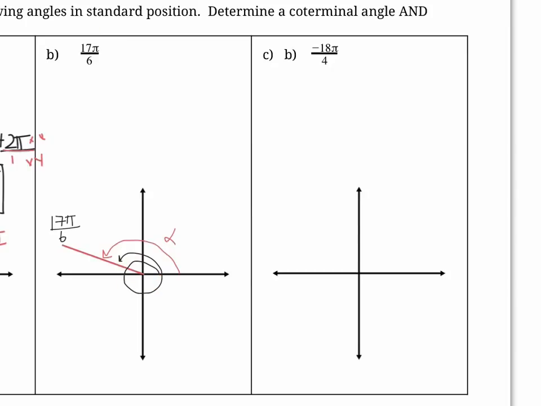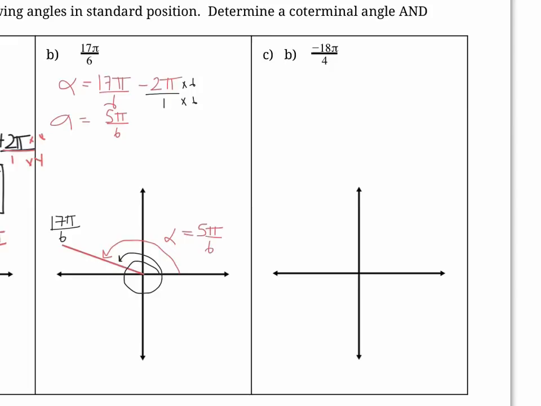So I can figure out what my alpha is, my angle in standard position, by just taking 17 pi over 6 and subtracting 2 pi. Quickly making our denominators the same by multiplying by 6, we have alpha equals 17 pi minus 12 pi, which is going to be 5 pi over 6. So the measure of alpha, our principal angle, is 5 pi over 6.